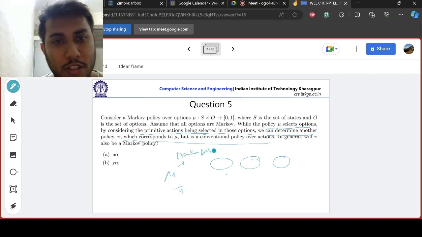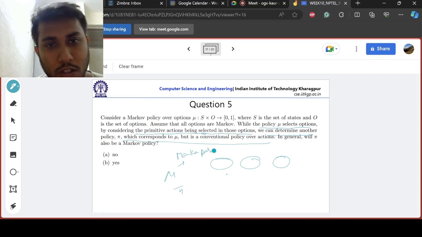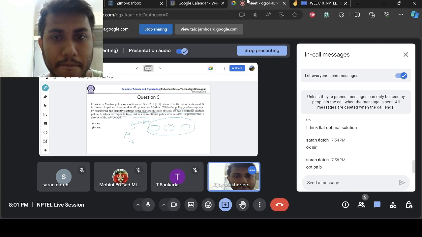While mu selects the options, we can determine another policy pi which corresponds to mu but is a conventional policy over all actions. Will pi be a Markov policy?